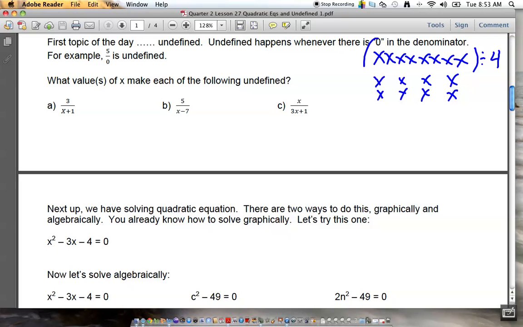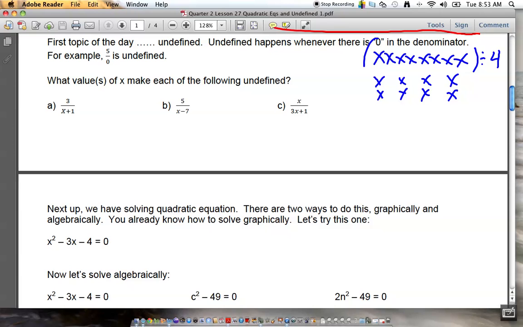Now, the correct answer is -1/3. Very good. So, in addition to being able to solve some of these by inspection, it helps to have a process to allow us to figure out a way that always works. One way that always works is to go back to the definition of undefined.